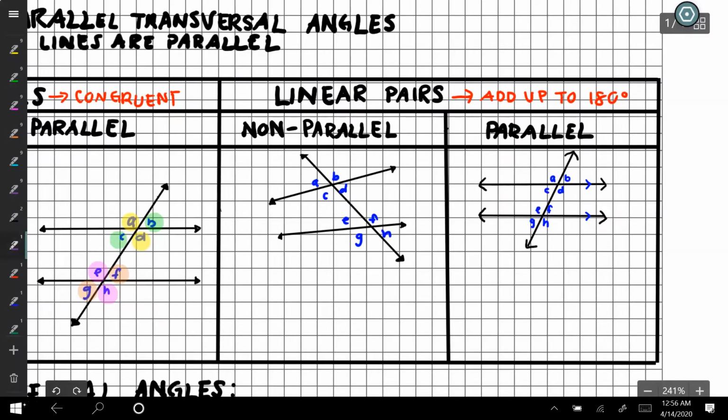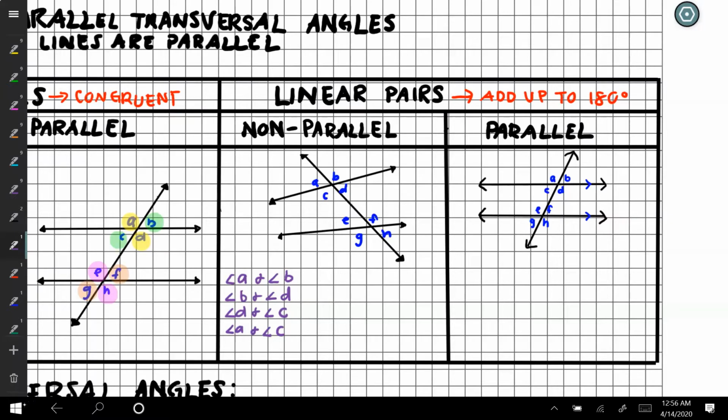Angle A and angle B are linear pairs. Angle B and angle D are linear pairs. Angle D and angle C are linear pairs. And angle A and angle C are also linear pairs.